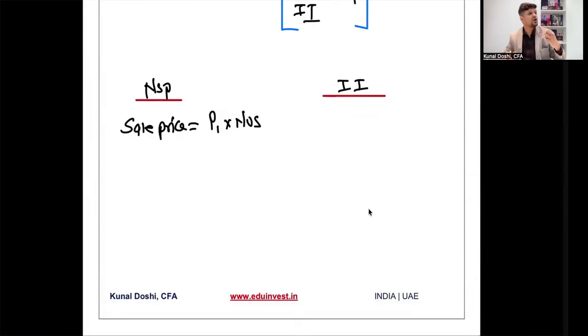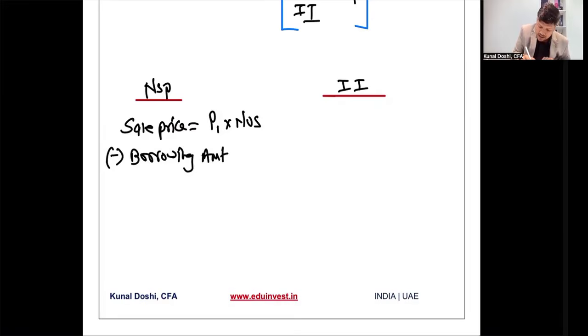That's your sale price or selling amount. Clear? Everyone with me? P1 is the price when you sell, and number of shares. From this, have I invested entirely my money? No, there is a borrowed fund, right? So first we will pay the borrowing. So from this, we will pay the borrowing amount, and along with this, we will pay interest on borrowings.